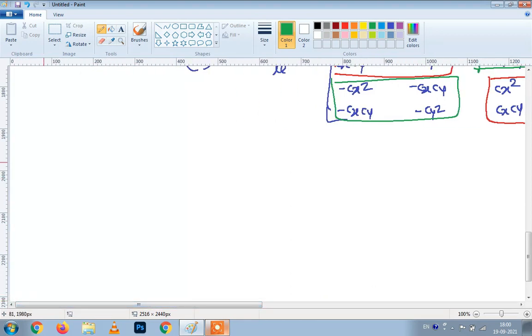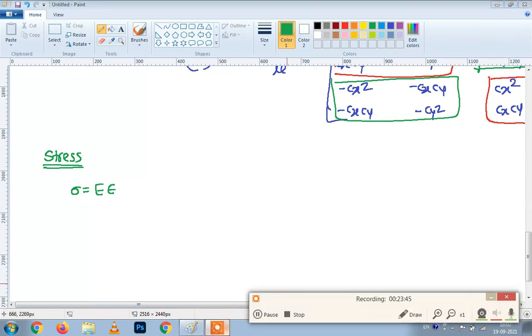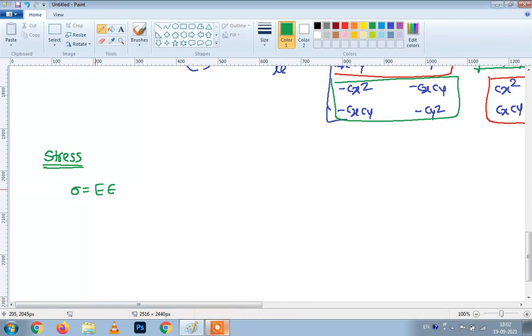Now in the next lecture we will start with numericals, but before that we will see how to calculate stress in a one-dimensional element. We have used this relationship sigma is equal to E into epsilon, which is nothing but strain. So sigma is equal to E, Young's modulus, into strain.